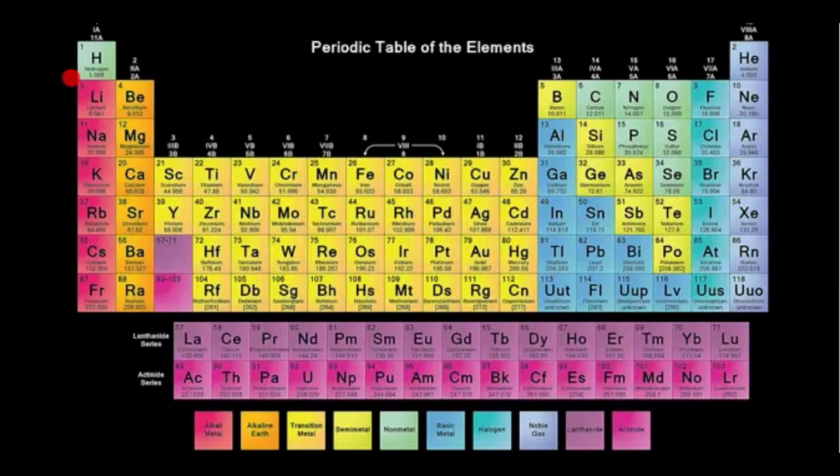It means all the elements which have similar valence shell electronic configuration are placed in the same group. All the elements of group 1A have 1 electron in their valence shell.